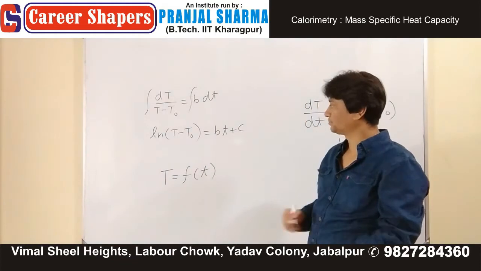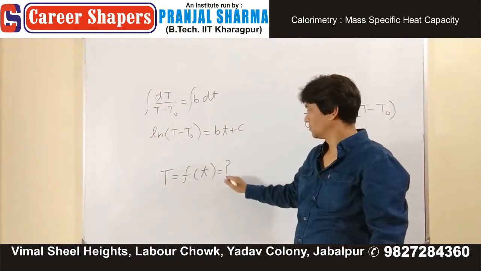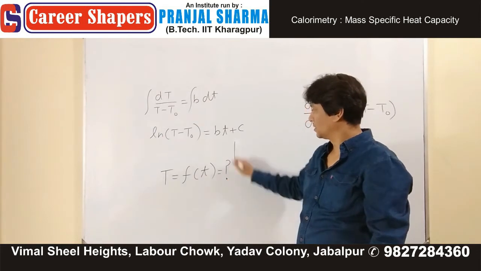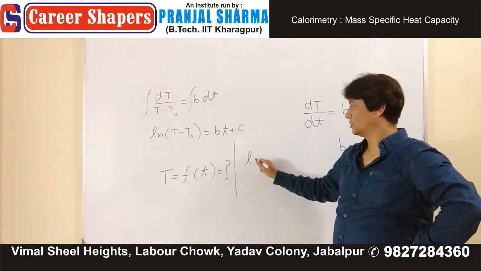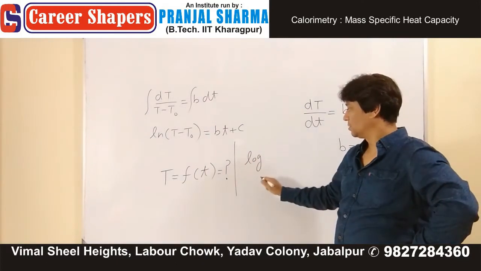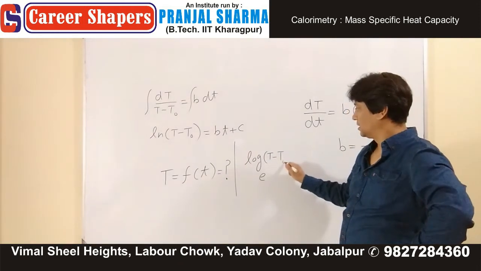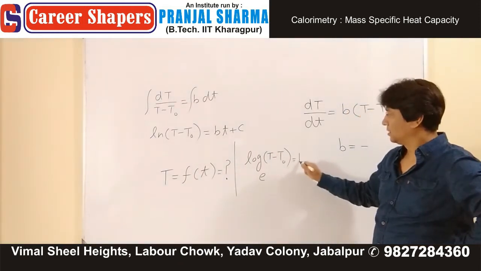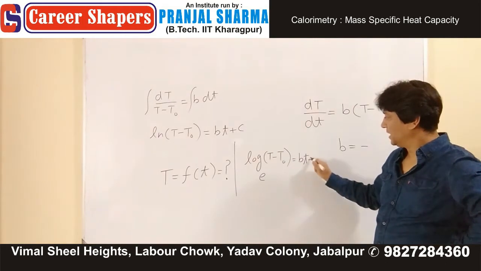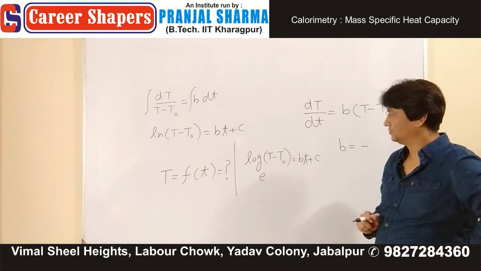Look, this ln is log base e of T minus T naught equals bt plus c. How do you remove log?